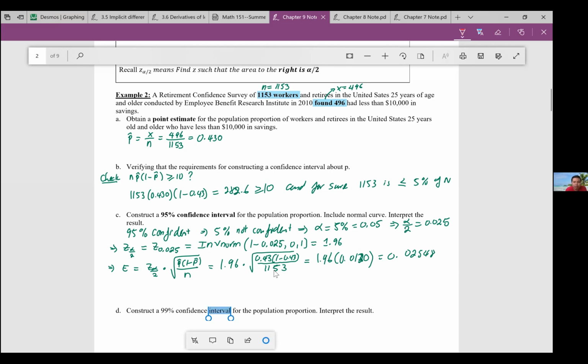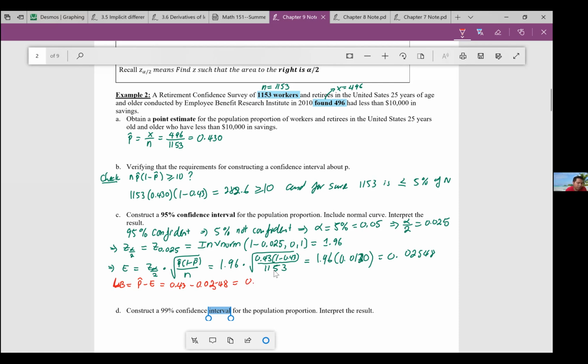So the lower bound will be p hat minus E. So we get 0.43 minus 0.02548.